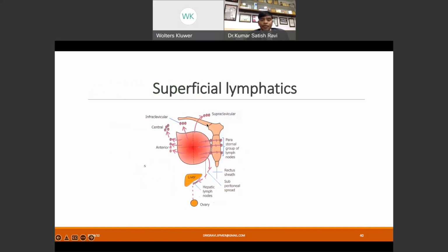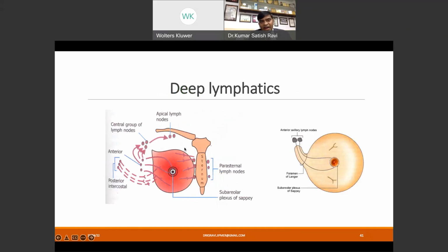The superficial lymphatics pass radially to the surrounding lymph nodes, that is the axillary, internal mammary, supraclavicular and cephalic lymph nodes. The deep lymphatics drain the parenchyma of the breast, and also the nipple and the areola.